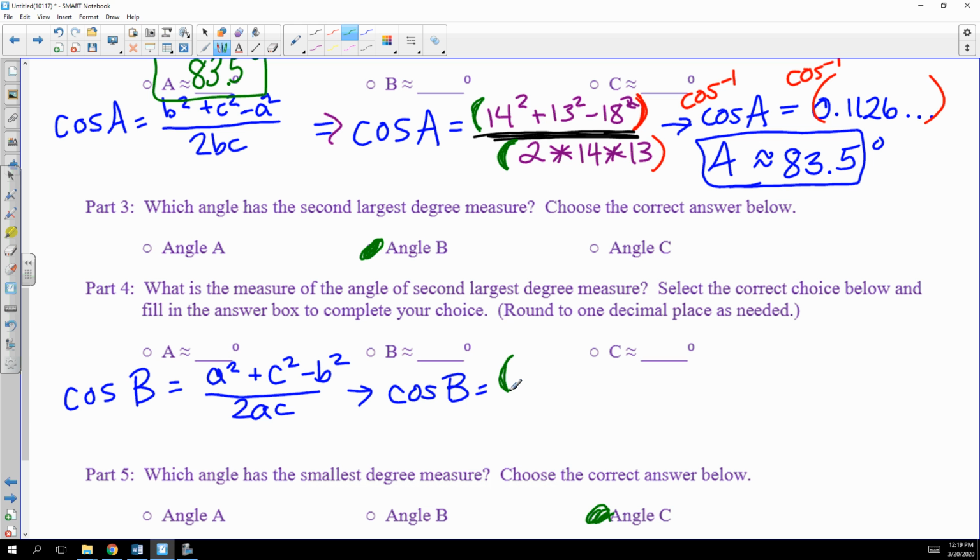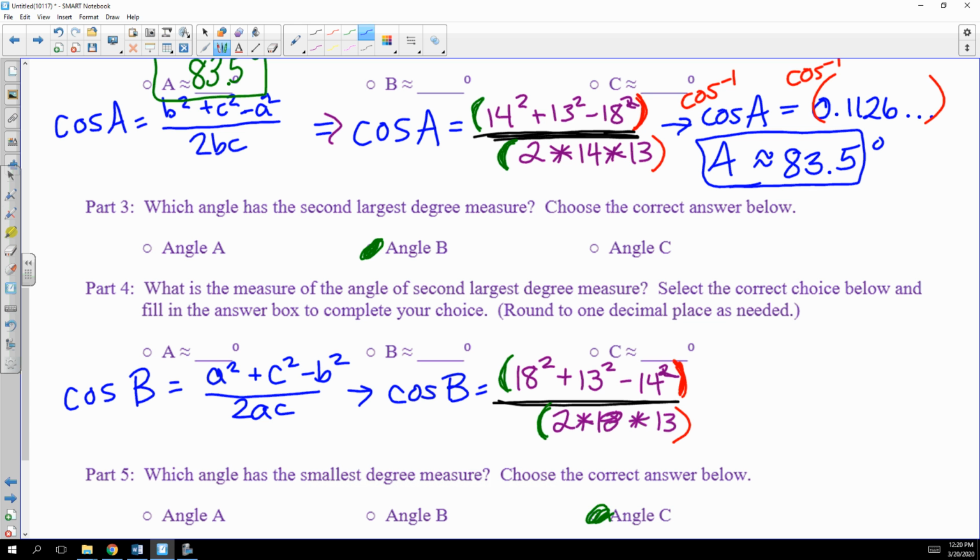I'm usually going to write everything down first because it's just easier for me to do that before typing it in. 18 squared plus 13 squared minus 14 squared, close the parentheses, divided by, open parentheses, 2 times 18 times 13 and close parentheses.